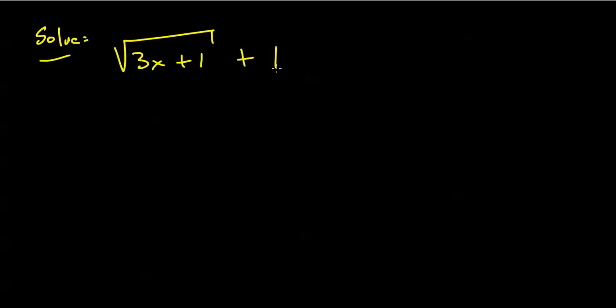and let's build up some sophistication here and do something a little more difficult. How about if I ask you to solve the square root of 3x plus 1 equals x? Well, I suppose in any of these radical type equations, the first thing you want to do is isolate the root sign, isolate the radical first.